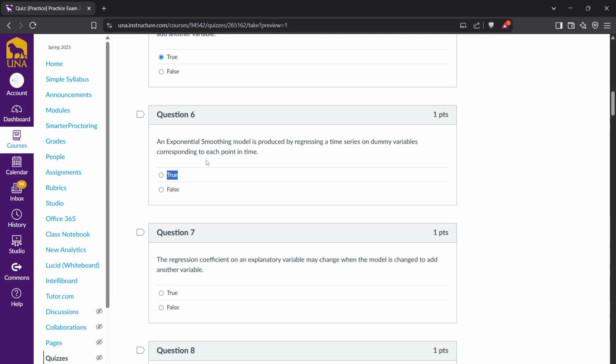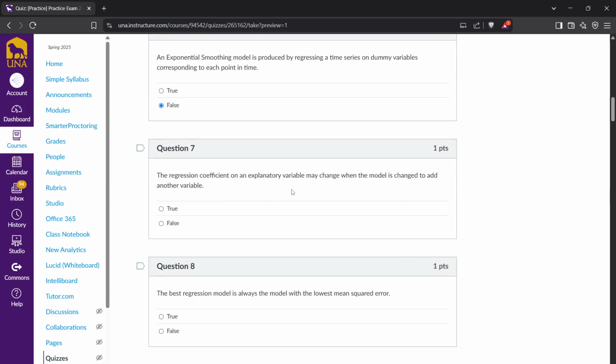Well, I don't know what that is, each point in time. We've got the seasonal model where I would have dummy variables for each season, something like the first month or the second month of the year, or maybe different quarters of the year. Dummy variables corresponding to each point in time. I don't know what that is, but I know it's not exponential smoothing. I'm hitting false.